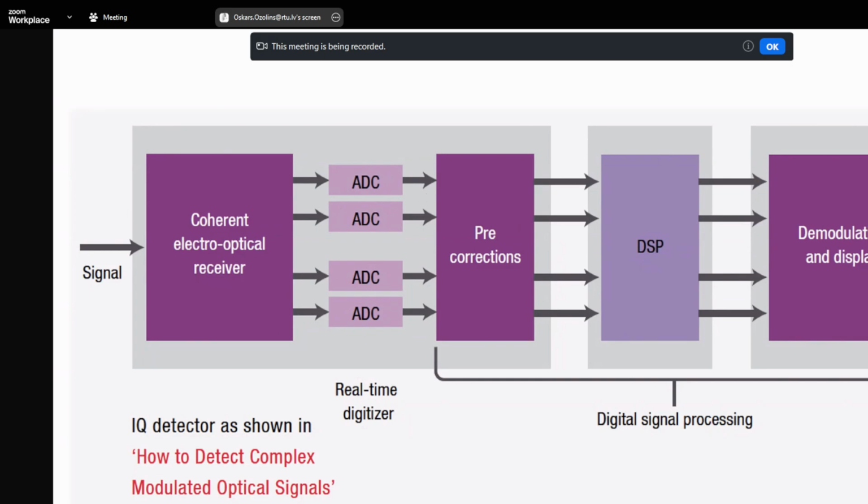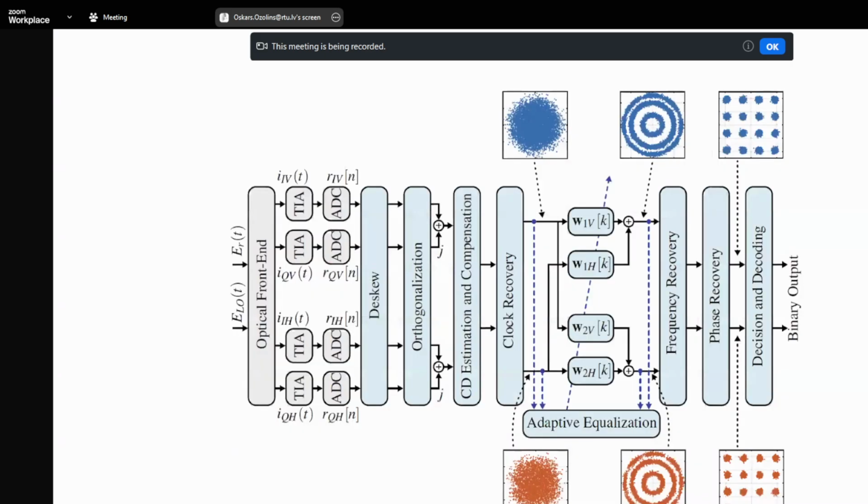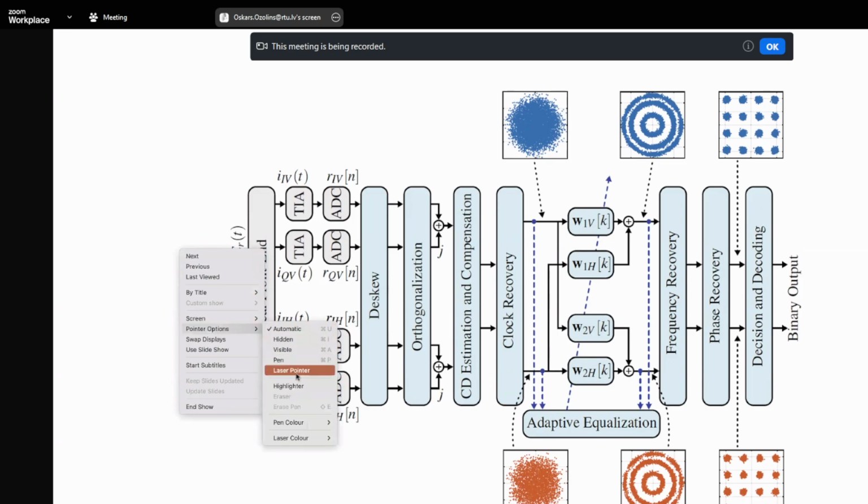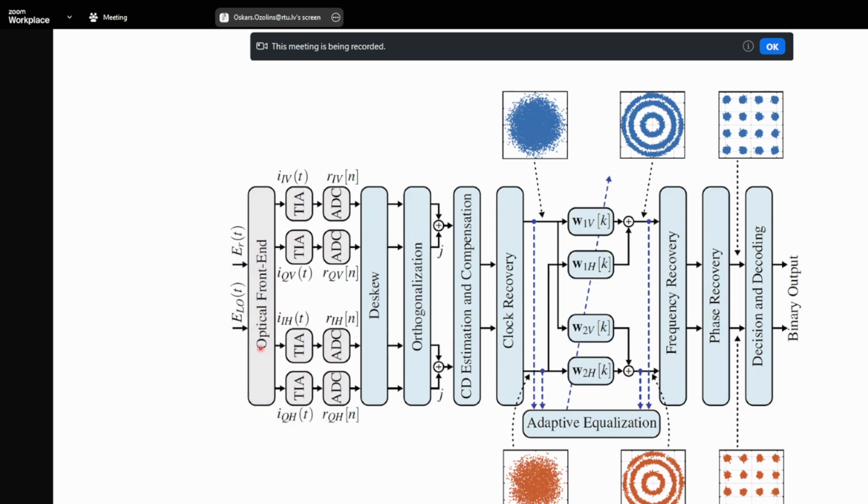So here I have one visualization of what is happening in these different parts of digital signal processing. It's an image from a book, and it's covered there.